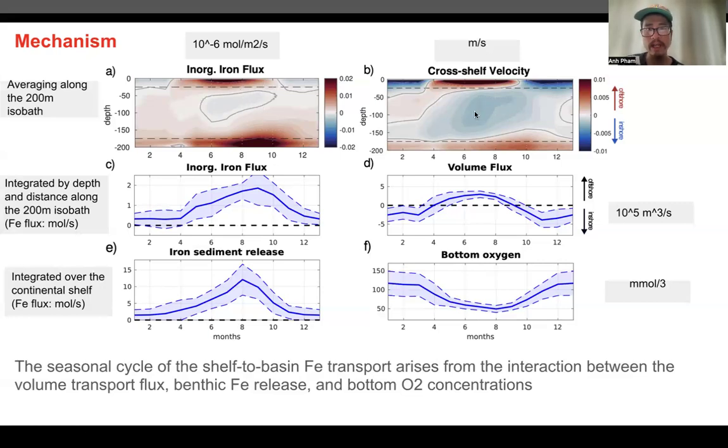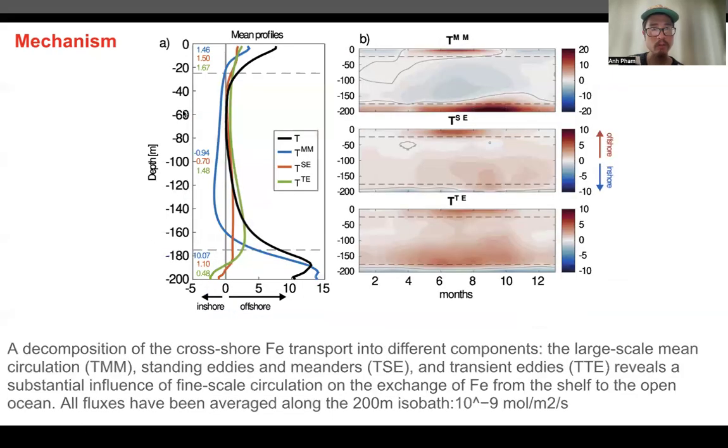When we can have the inshore transport of water, but we can have the offshore transport of iron, and that can be explained if we decompose the total cross-shore iron transport, the black line here, into different components. The contribution from the mean ocean circulation and the contribution from the standing eddies.